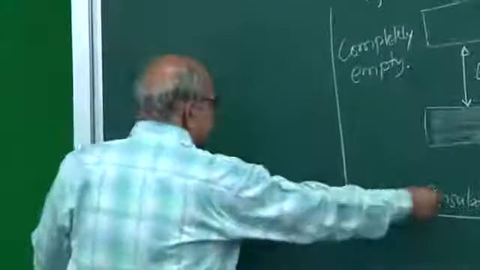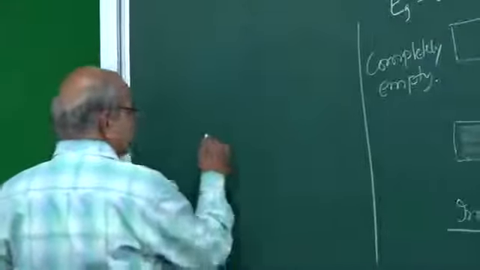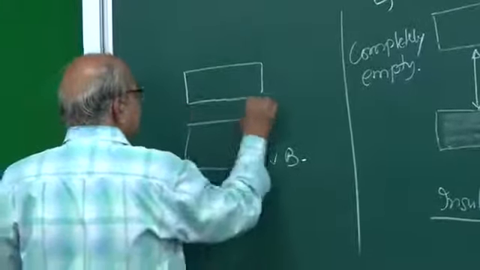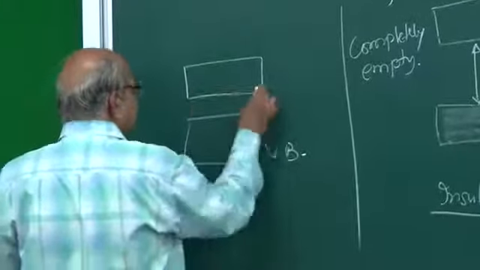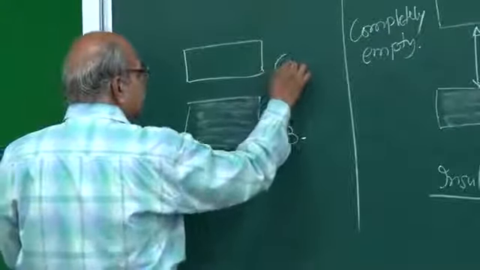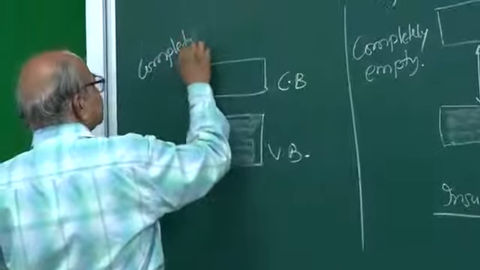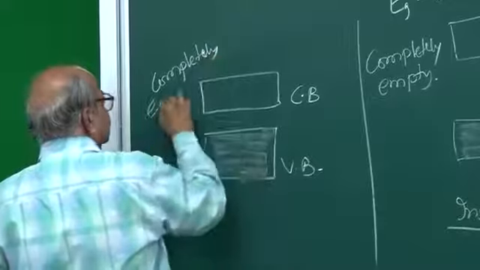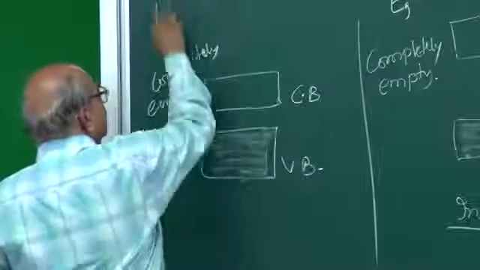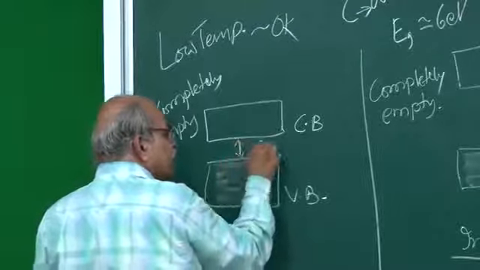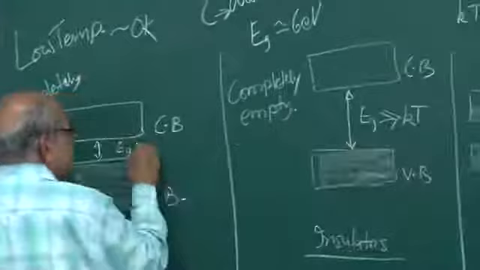And then the third class is you have similar structure, you have this valence band, and then you have this conduction band, and once again the valence band by definition is completely filled, but this conduction band is again completely empty at 0 K. Okay, I am talking of low temperatures, 0 K. But this gap Eg is not very large as compared to kT.